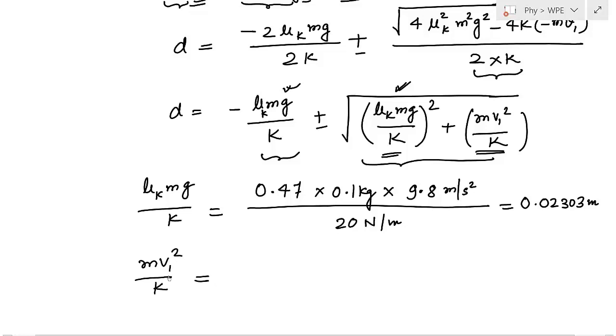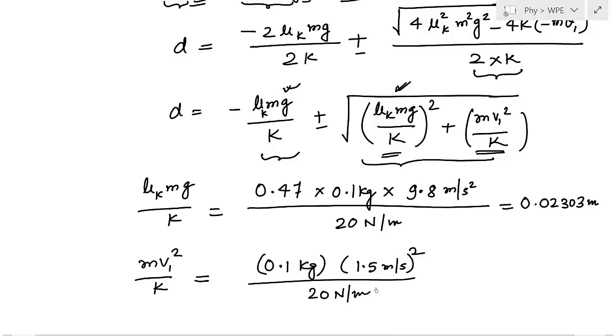So mass is 0.1 kg and velocity is 1.5 meter per second, and then I have to take a square, and this divided by 20 Newton per meter. So this value will be 0.01125, and this is meter square, because the unit is meter square. If you take the root, then it will become meter.